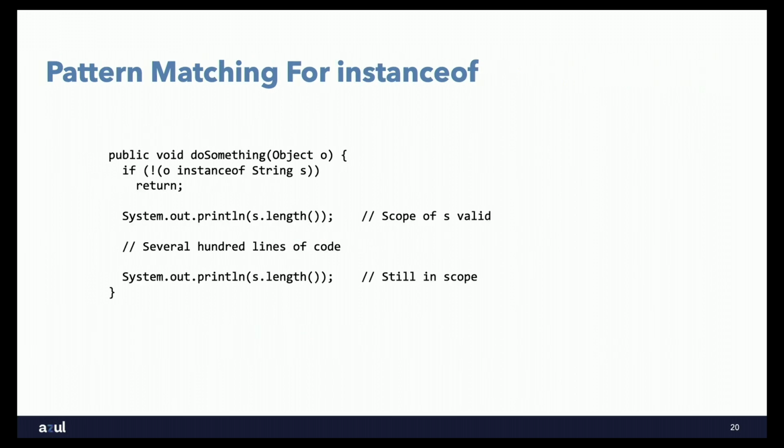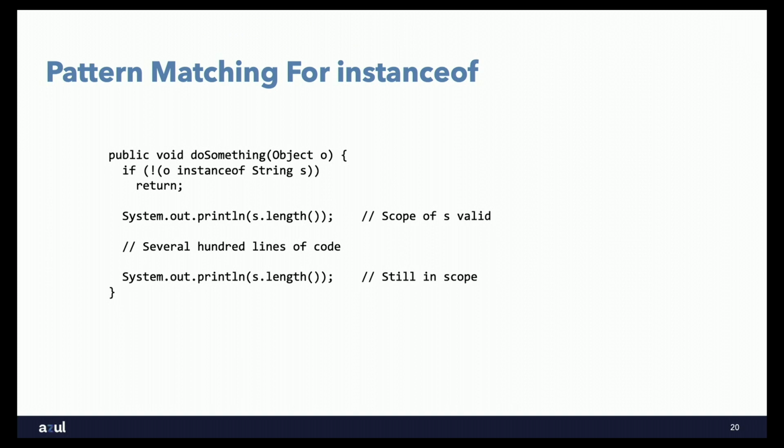The scoping of variables is sometimes a little counterintuitive, and you have to think about it more carefully. We might have a situation where we invert the test. So if we say if not obj instanceof String s, meaning that we want to look at if it's not a string, then we're going to return.